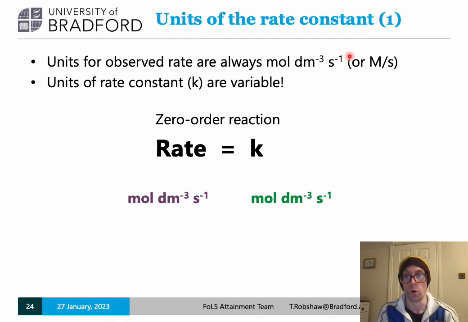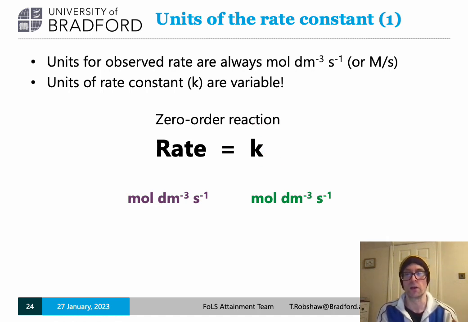That is what we observe and measure. That cannot be changed. However, on the right hand side of the rate equation, you can of course have 0, 1 or more concentration terms, which all have units of moles per decimeter cubed. And so the k term has to change to nullify this effect, if you like.